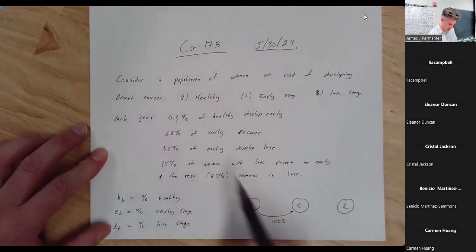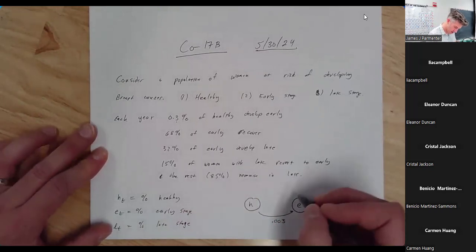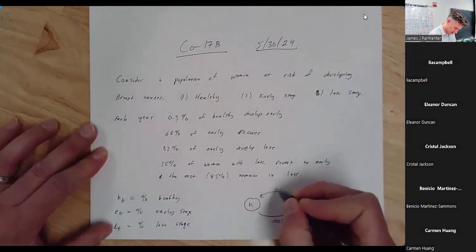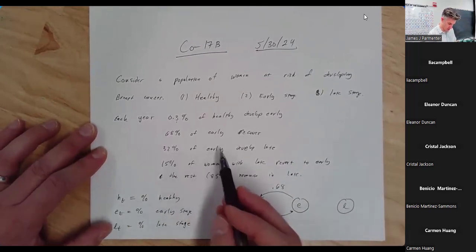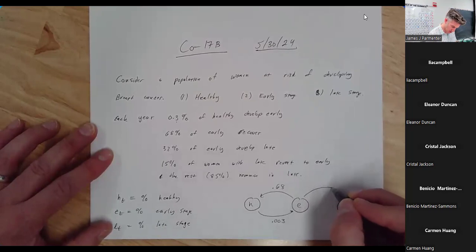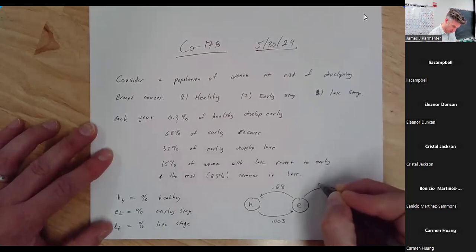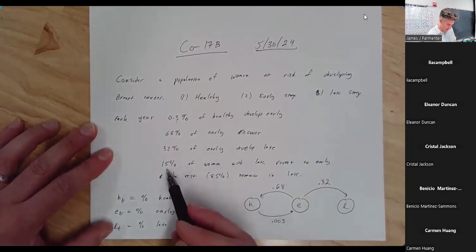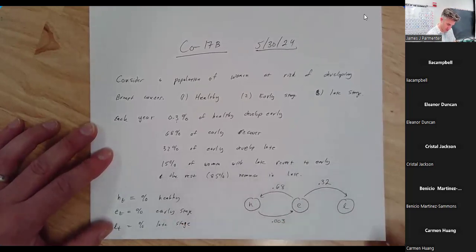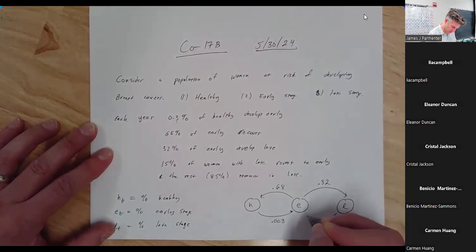68% of early recover back to healthy. So from early to healthy is 0.68. 32% of early develop late. So 32% of the earlies, or 0.32, become late. 15% of women with late revert to early. So from late to early is 0.15.